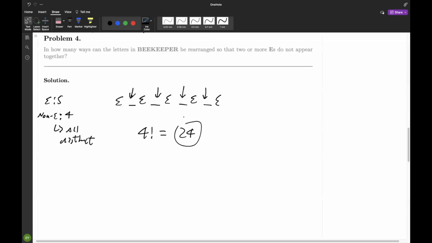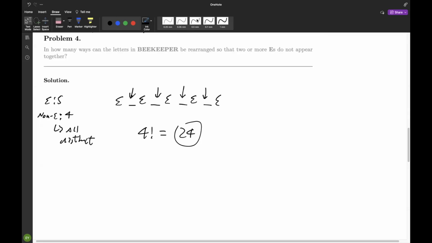And the reason why it's 24 is because we're just asked to find the cases of arranging non-E's. But if B, K, P, and R were not distinct, then we should have divided the cases when they are the same.